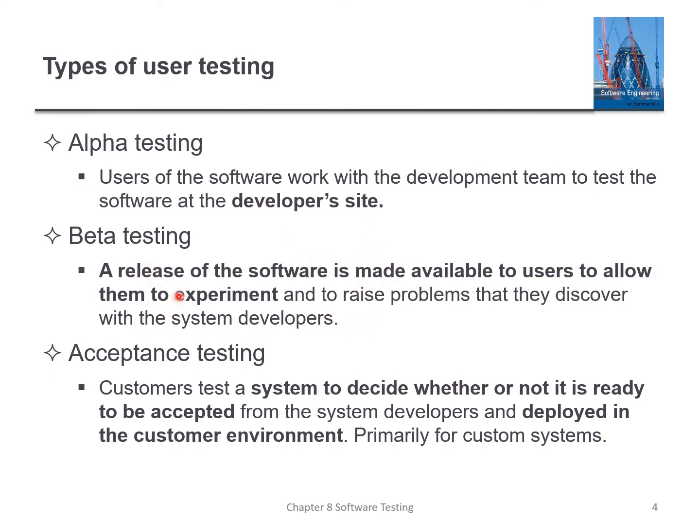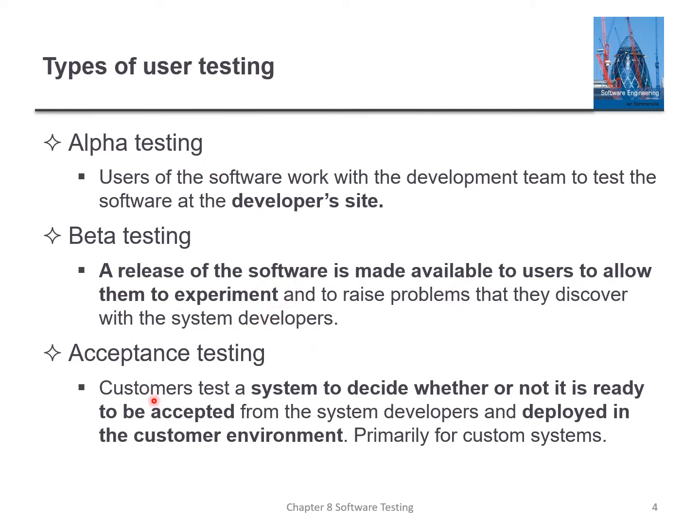Sometimes right now it is a marketing strategy to perform beta testing, where users are allowed to download a ready system which has been tested by the developer team but not tested by the user. So the user can download it and test it on their own computer and environment, in their own way. If there is any problem, they will report it to the developer.